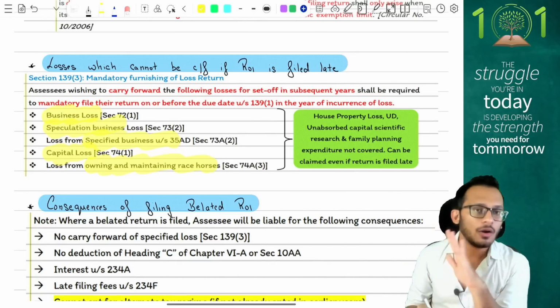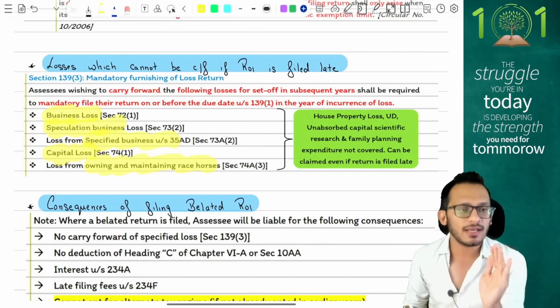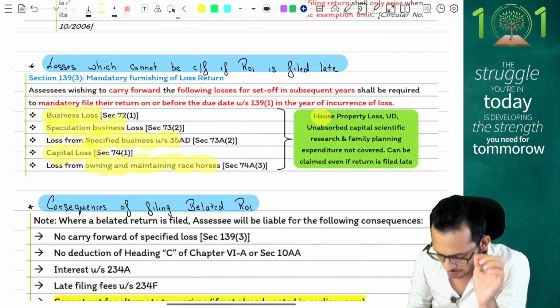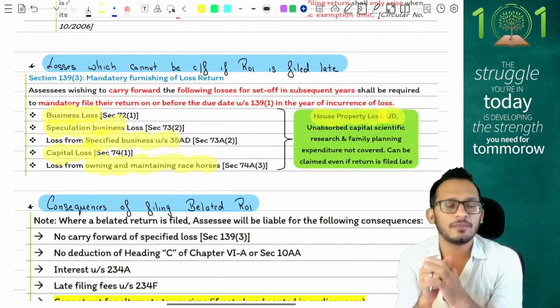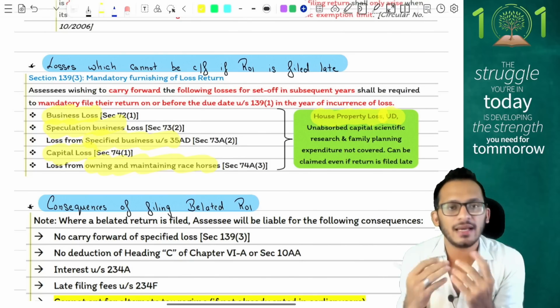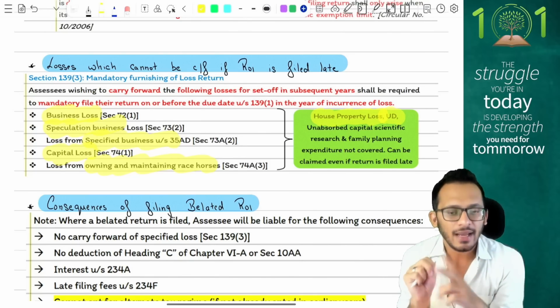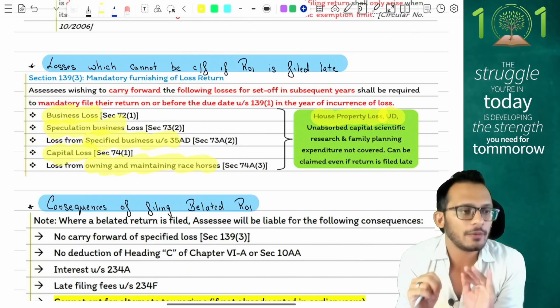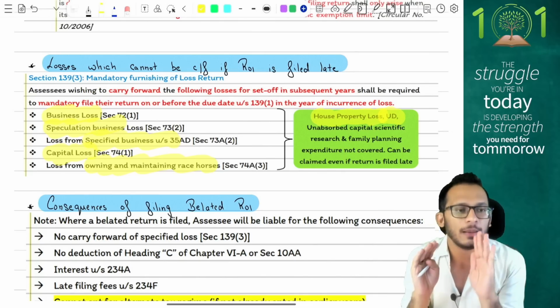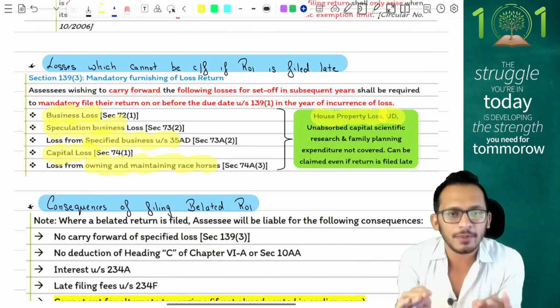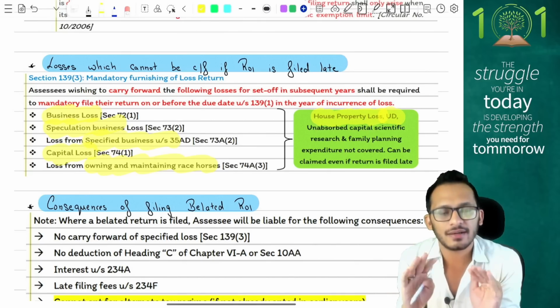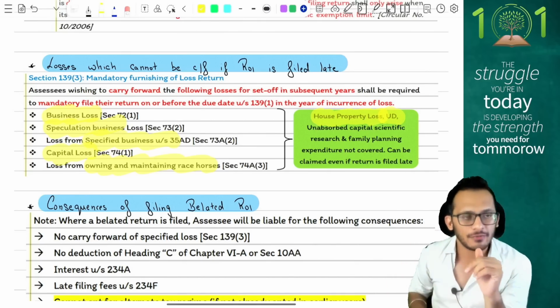In simple words, all losses will be fully lapsed unless it is a house property loss or unabsorbed depreciation loss. Those are the only losses you can carry forward even if your return is filed late. But notice carefully that this is only for carry forward. Current year set off will still be permitted. You can set off losses in the current year, just that the loss cannot be carried forward.